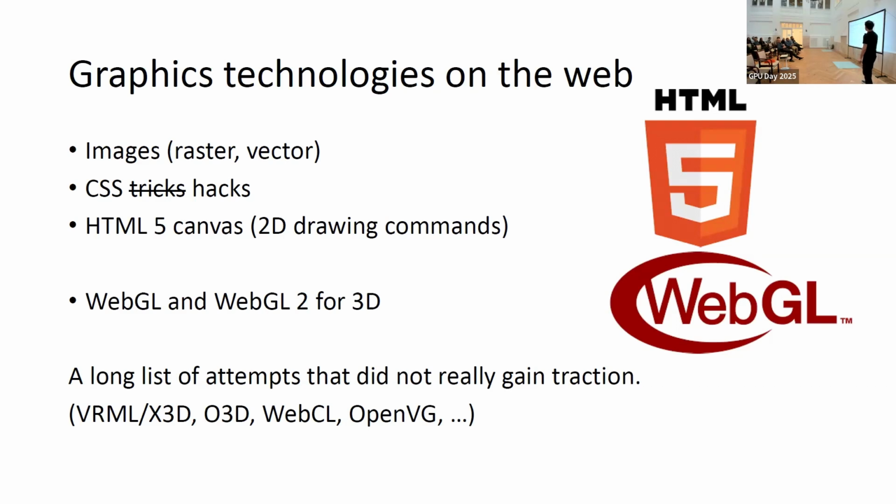And the problem is that these are old, okay? And they are coming with problems. And there has been a long list of attempts to replace them or improve the quality of life of 3D graphics and also computations on the web. And they did not turn out to be useful or widely adapted.